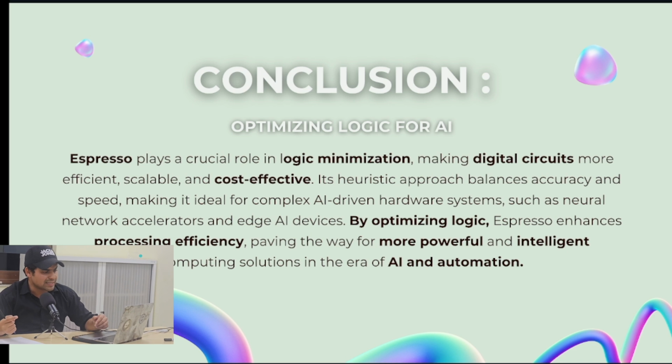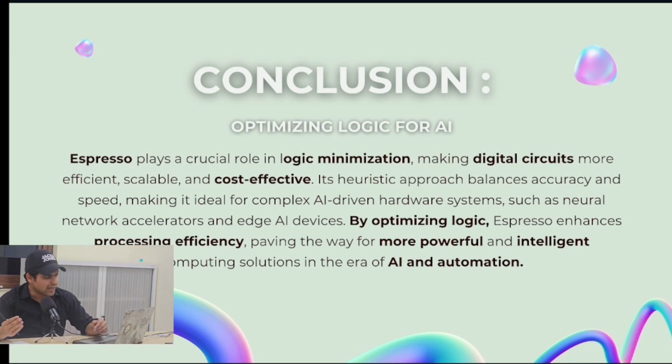A heuristic approach balances accuracy and speed, making it suitable for complex AI-driven hardware systems such as neural network accelerators and edge AI devices. By optimizing logic, Espresso enhances processing efficiency, paving the way for more powerful and intelligent computing solutions in the era of AI and automation.